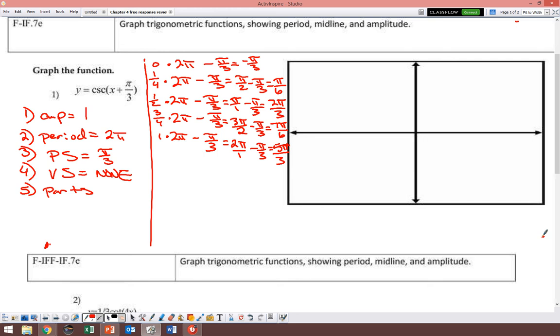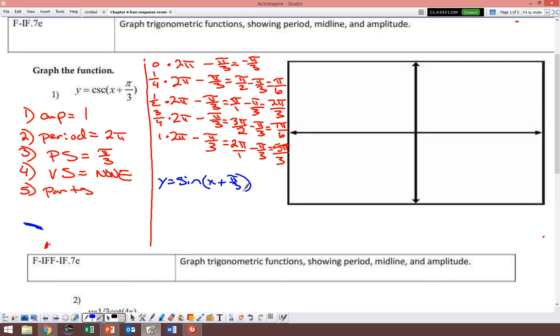So when I do this, this is the reciprocal function, so it's flipped over, right? So we're going to graph sine of x plus pi over 3, right? We're going to graph that. And then when it's time to graph the cosecant, that's the reciprocal of it. So I start with this.